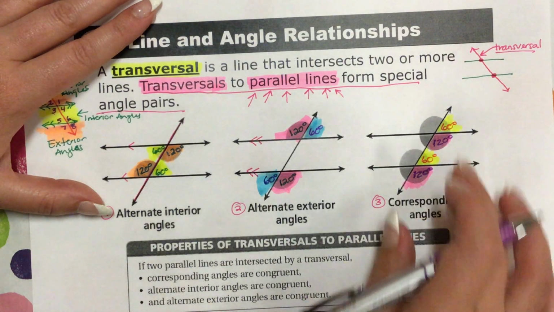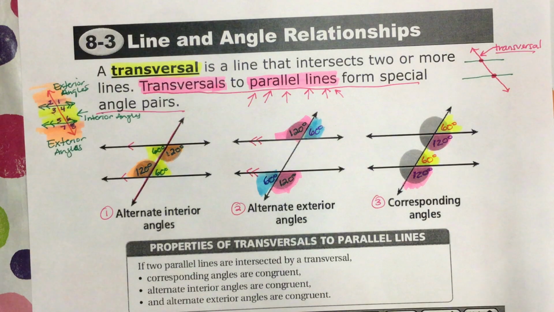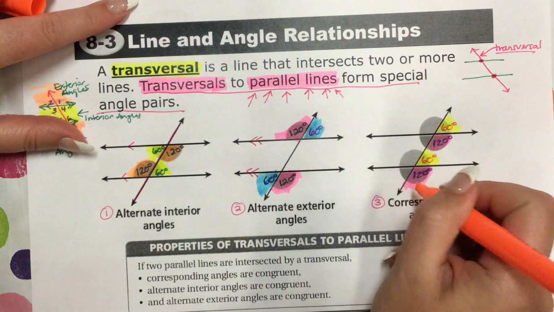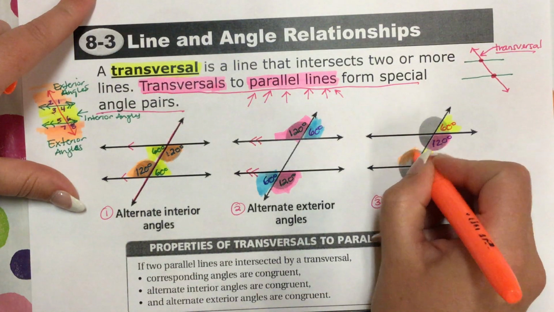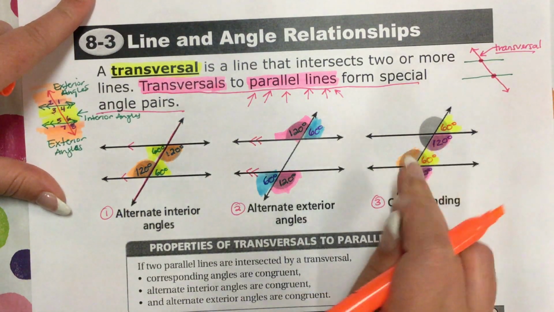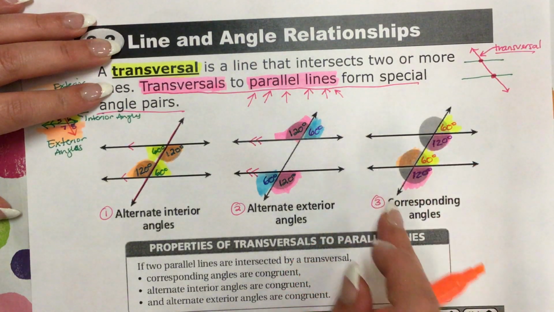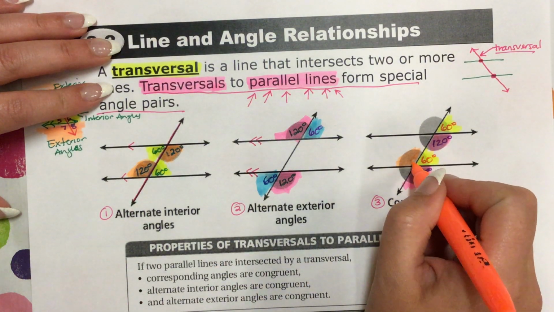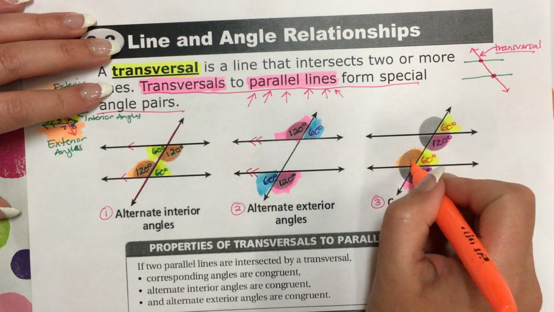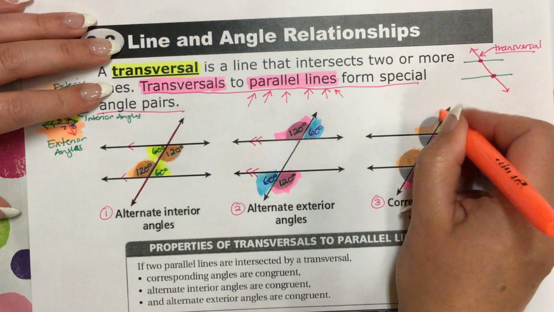Very cool. But look, it's not just on that side. We have a different set over here. If we have this interior angle here, its corresponding angle is going to be on the same side of the transversal, but this is interior, so this one's going to be exterior.